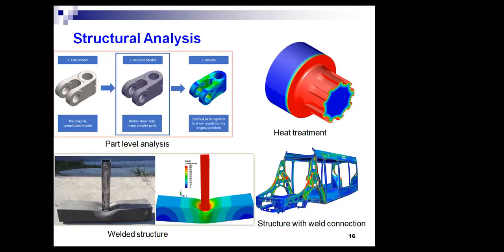Apart from that, the next image shows a vehicle chassis structure, which is actually welded from multiple small components, because for big structures, it cannot always be a cast product. We cannot cast a complete structure. We can cast smaller parts, or we can forge smaller parts. Then we have to connect the smaller parts into a bigger structure.